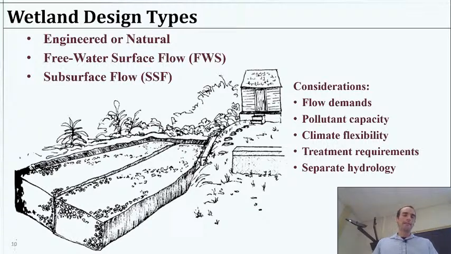Okay, pollutant capacity. How much oxygen demanding substances can this thing handle? How flexible are your plants in the system, and is the system in total tolerant to climate variability? A system that works in Louisiana may well not work in Michigan, right?